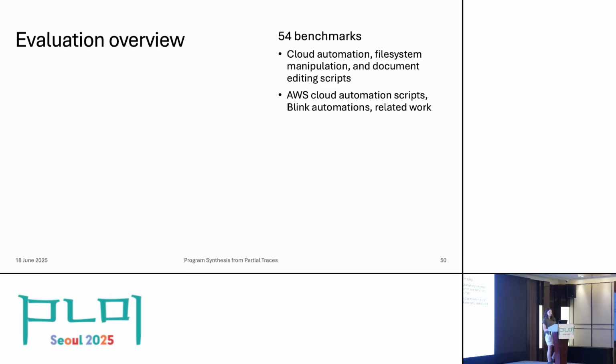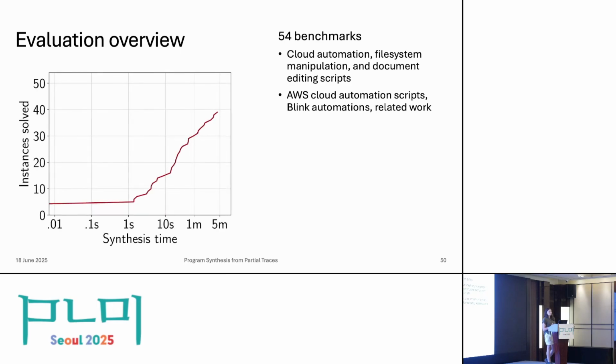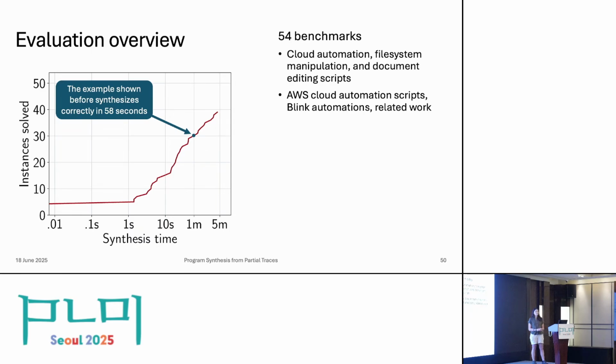We ran all benchmarks with a 5-minute timeout, and what I'm showing here is a cactus plot, where for each timestamp on the x-axis, it will tell you on the y-axis how many instances were solved under that time. And the running example that I showed you, the stop instances task, takes just under 1 minute to synthesize.